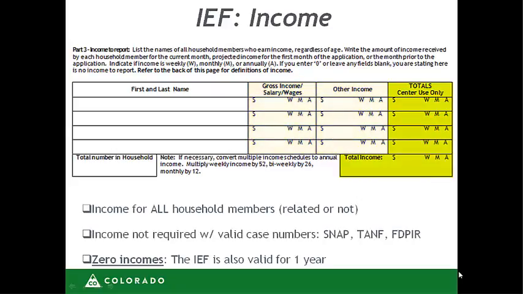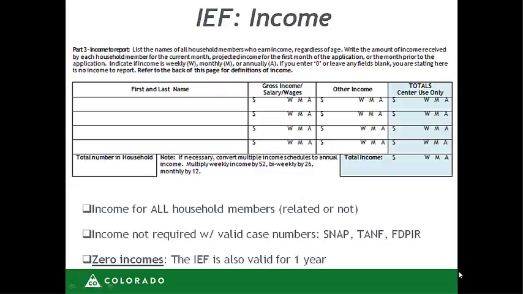The institution or site representative must calculate the total reported income amounts for the household and record that total amount on the IEF. If necessary, convert multiple income schedules to annual income, then use this total to determine eligibility for free or reduced meals.